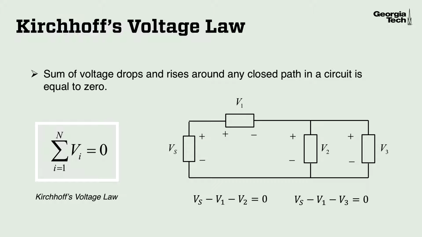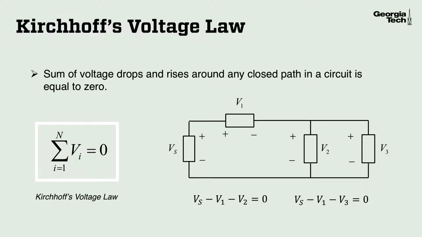So taking the left-hand path across the source Vs, V1, and V2, suppose that we have a voltage rise across Vs, a drop across V1, and then another drop across V2. Well, the bottom left equation shows Kirchhoff's voltage law applied to that loop.